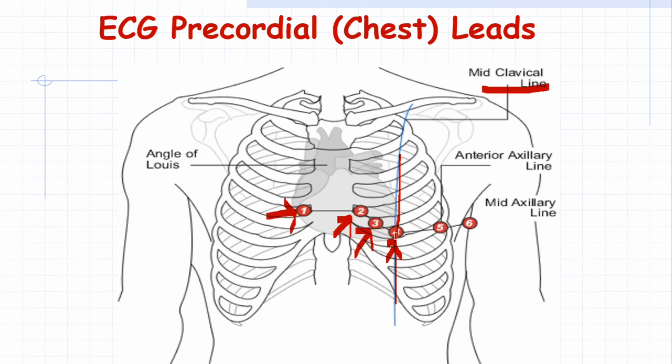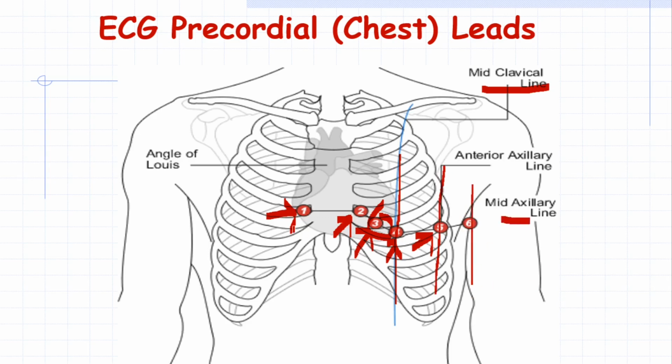So here is the V4, and in between the V2 and V4 we will be getting this V3. Then the V5 electrode, where the active electrode is kept again over the left 5th intercostal space, but it is in the anterior axillary line. And last one is the V6, again in the left 5th intercostal space in the mid axillary line.